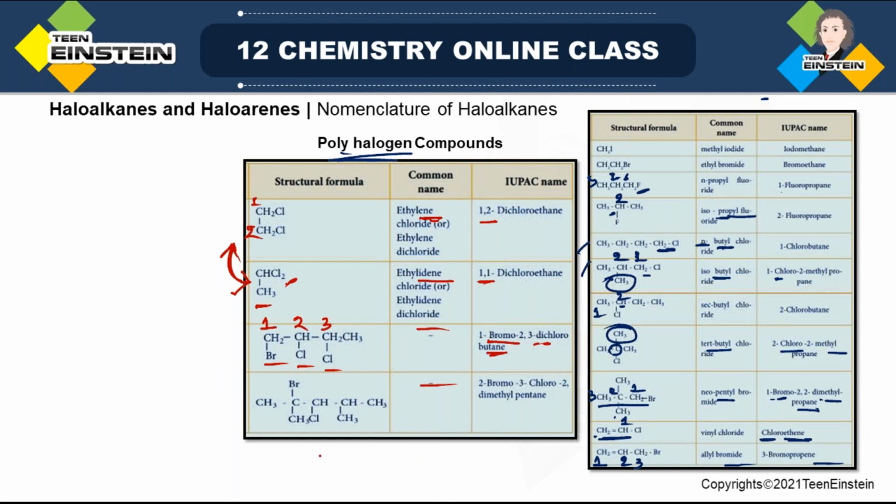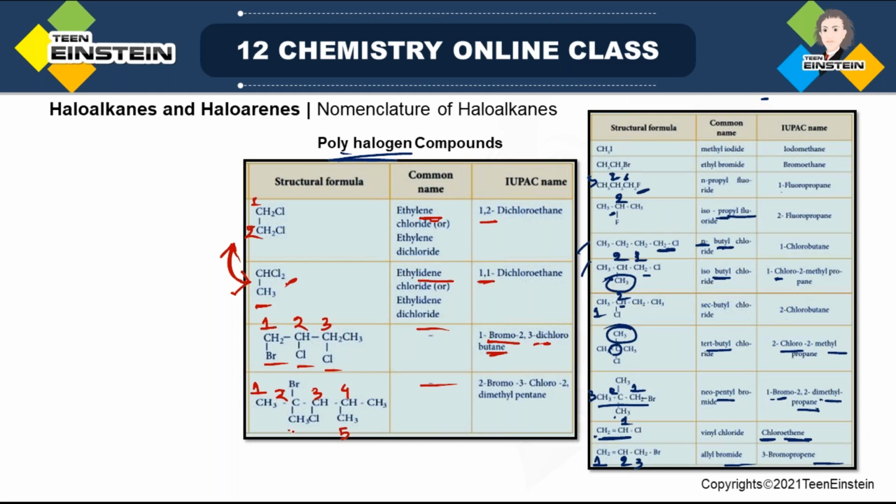The next molecule: first you have to find the longest chain, and you have to find it in such a way that it contains the halogens and the maximum number of carbons. Fine. So see, if we start the numbering 2, 3, 4, 5. Now at the 2 position we have bromo, at the 3 position we have chloro, but we also have a methyl substituent, right? This is the methyl substituent.